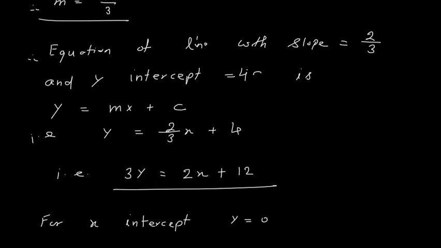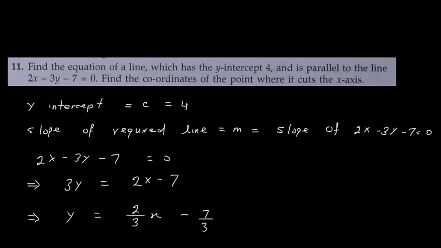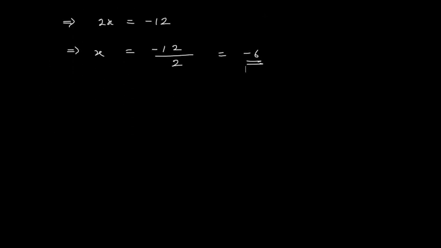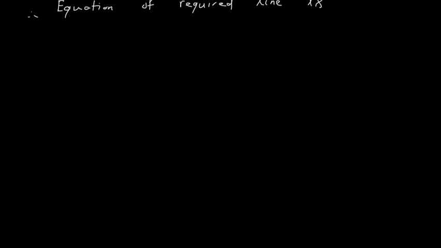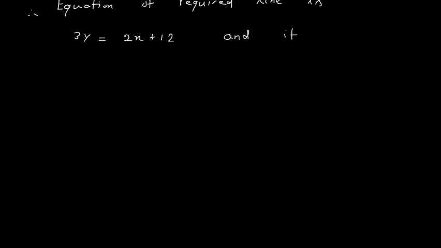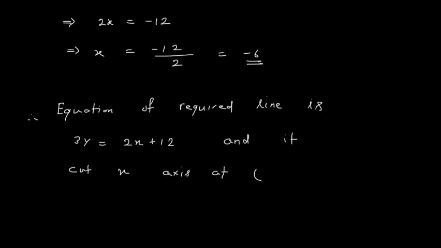So the question is, find the coordinate of the point where it cuts the x-axis. So finally I will say that the equation of the required line is 3y equal to 2x plus 12 and it cuts the x-axis at minus 6 comma 0.